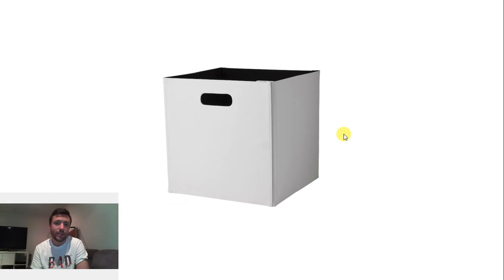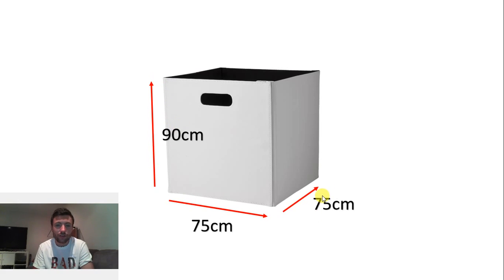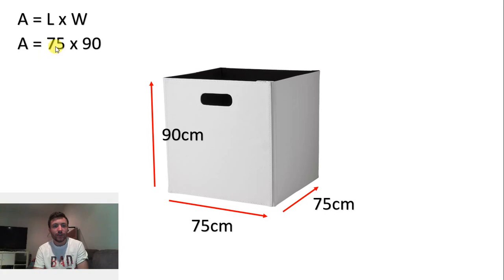So let's look at that now. Let's say we have a storage box and we want to find out what this volume is. We've got a length of 90, a width of 75, and a height of 75. If we use A equals length times width to find the area of the front piece, we're going to do 75 times 90, which if you put that in the calculator gives you 6,750 centimeters squared.